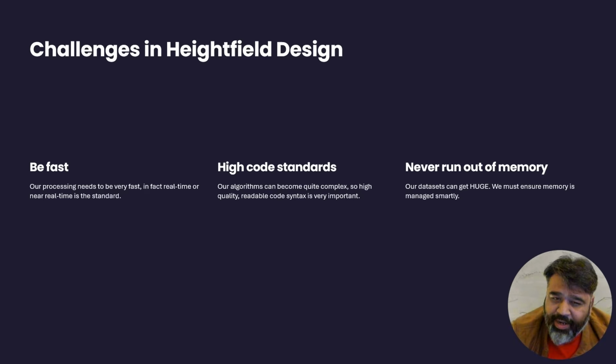But we also needed very high code standards because we needed readable code. The algorithms we would work with would become quite complex, and they would need to be maintained over a long period of time. Sometimes they also needed to be customizable because, for example, a movie studio will come back to us and say, we have this very specific need within this existing tool that you've created. And so we should be able to implement something like that without actually breaking other things.